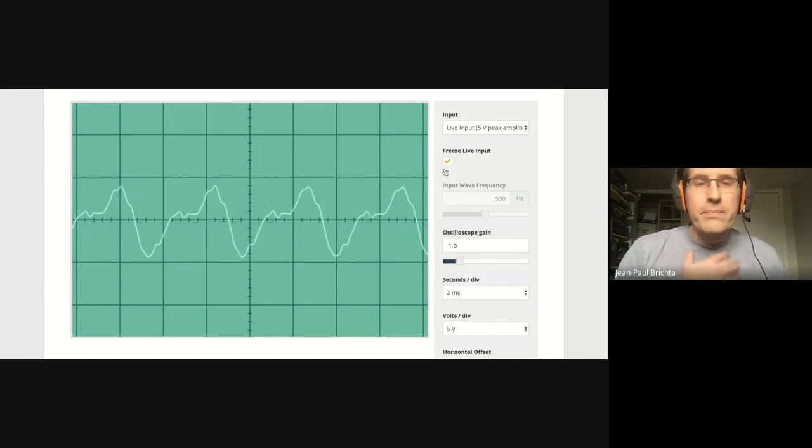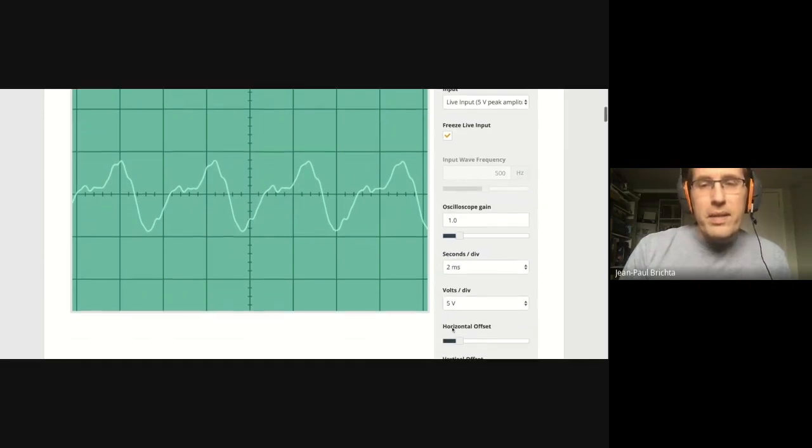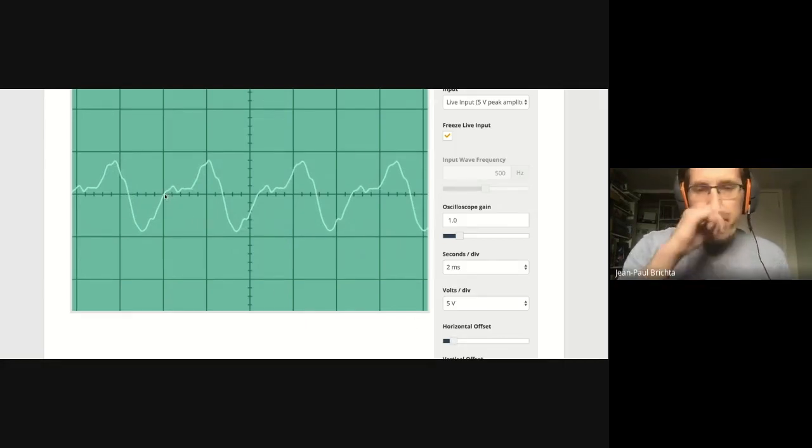All right. I'm a bit warbly today, but anyway, in this case, it kind of looks shorter, doesn't it? And I can adjust the horizontal offset again, like so. So if I start my wave on this square right here, I have 1, 2.2 divisions as the period.